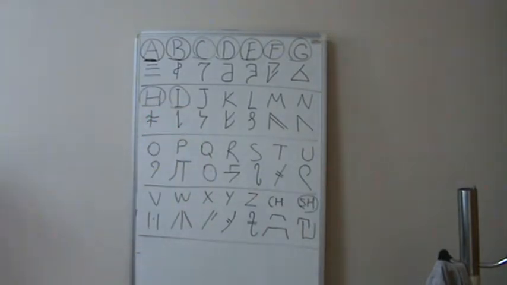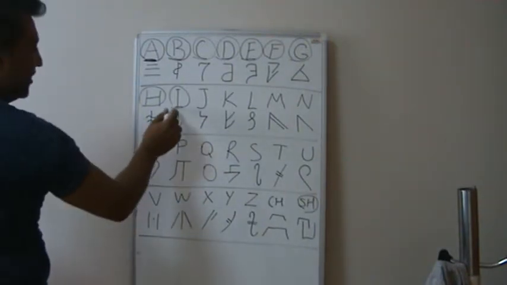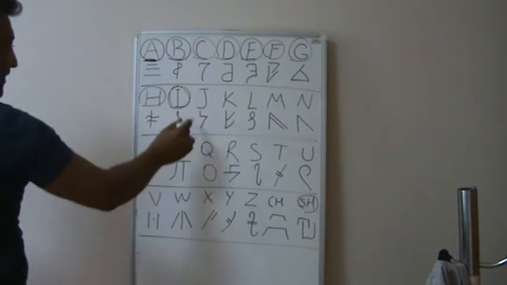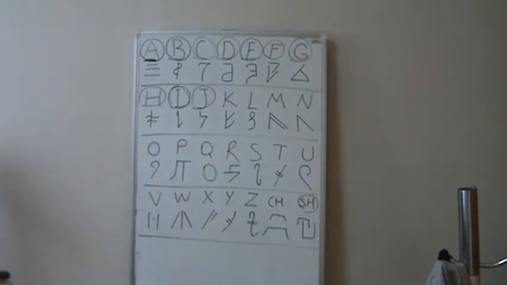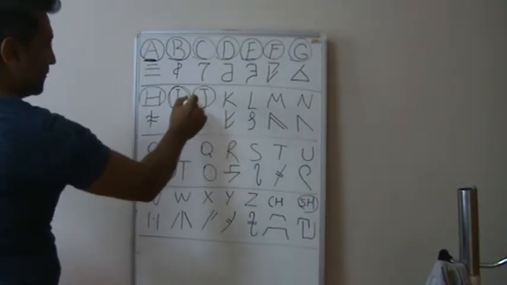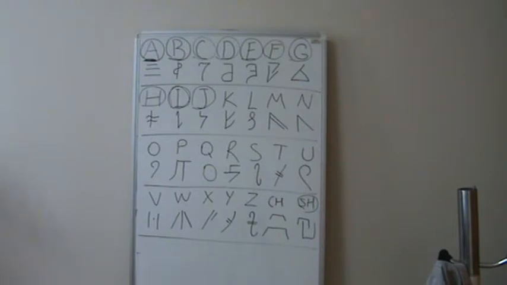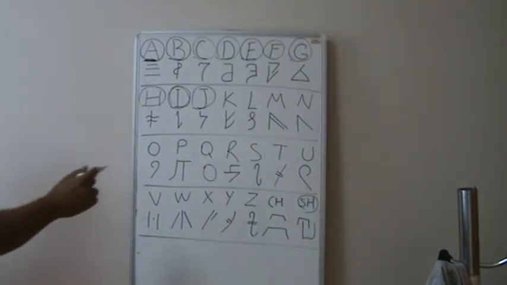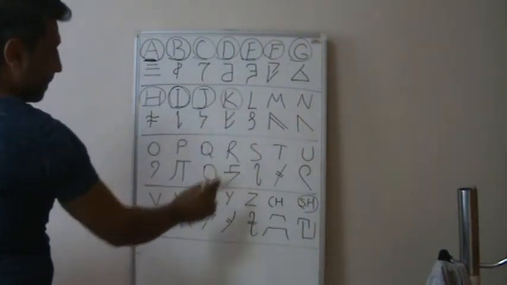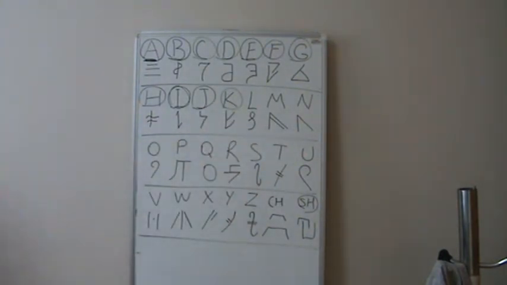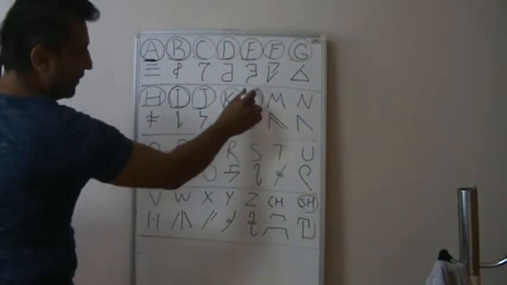I sounds like E, as in machine. J sounds like the J in pleasure. K sounds like K, like kilo. L sounds like L as in life.